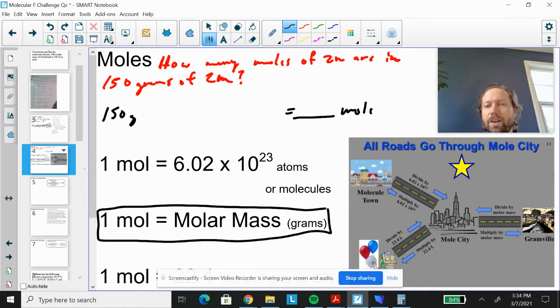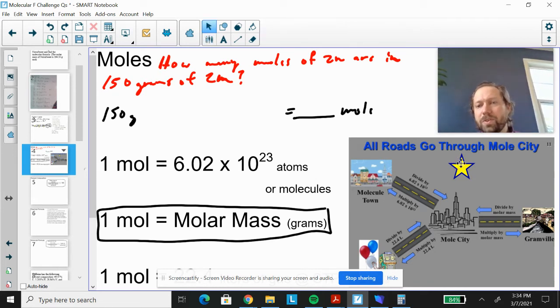Now, if you are doing the opposite, where you're doing the Mole City, this would be like starting in Granville and going to Mole City over here. So that gives you the indication of what you're going to do there, right? In this case, you are going to, as it says, divide by the molar mass.